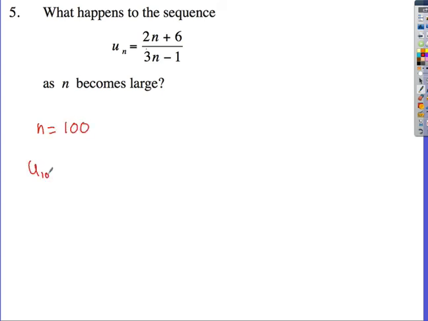So u100, the 100th term, is 2 times 100 plus 6, so it's 206 all over 3 times 100 minus 1, which is 299. Put it now into your calculator, you would get 0.68896. Blah de blah de blah. Goes on.